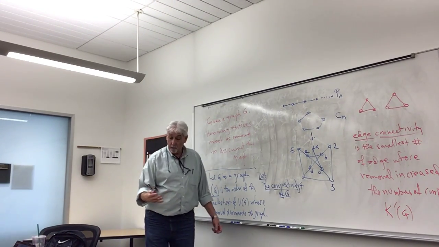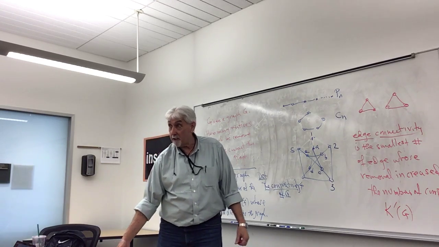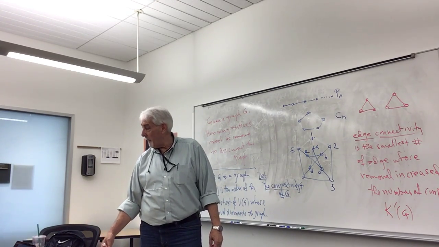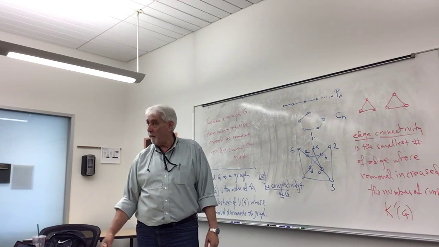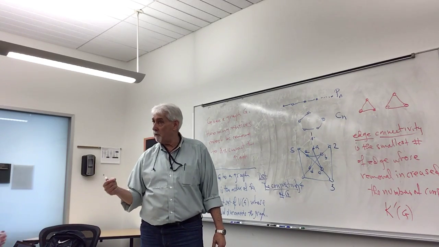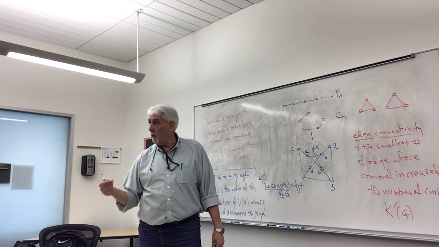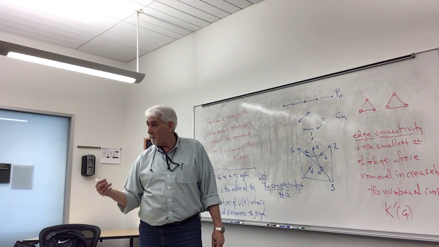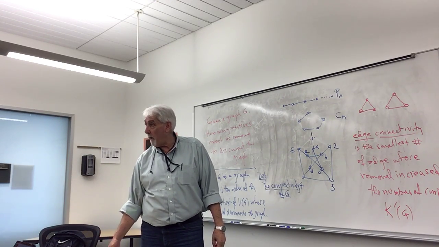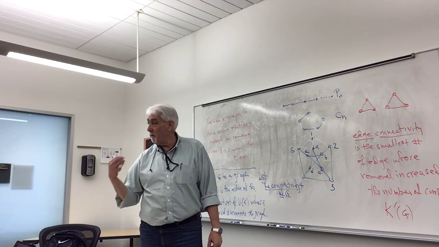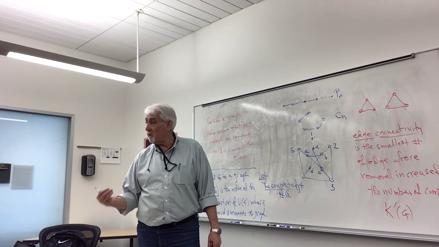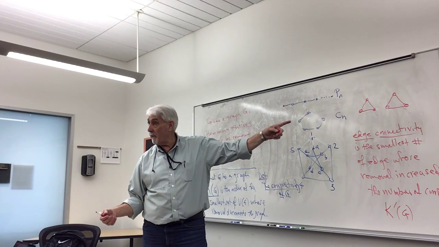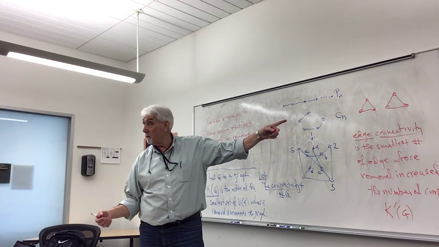So what you would have to do, and of course there's only 6 vertices, is look at every set of 2 vertices. Every set of 1 vertex is pretty simple: you remove 1 vertex at a time and the graph remains connected. But you now look at every pair of vertices, you remove those from the graph. If the graph is still connected, then we know that the vertex connectivity is greater than 2.